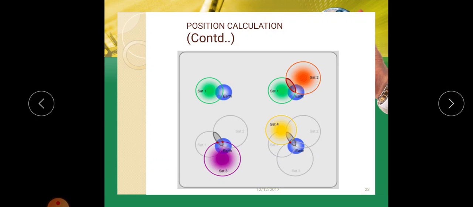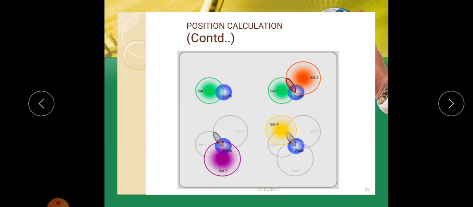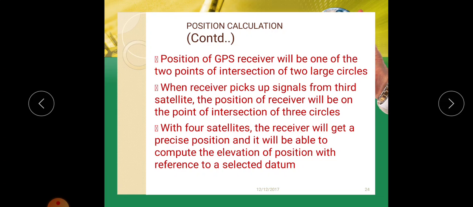And next case, when the receiver picks up signals from a third satellite, that is, when the signals are picked up by 3 satellites, the position of the receiver will be at the point of intersection of these 3 circles. That is the case if it is viewed by 3 satellites. Okay, and last, with 4 satellites, the receiver will get a precise position.